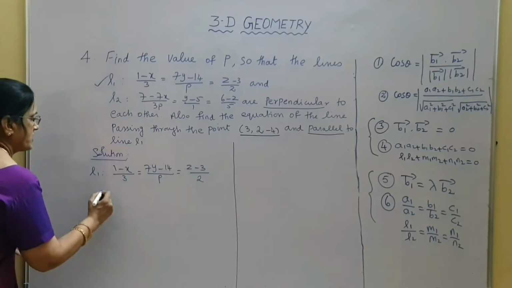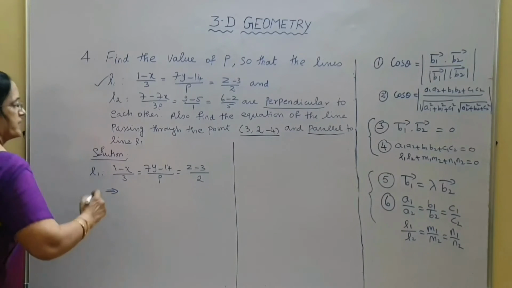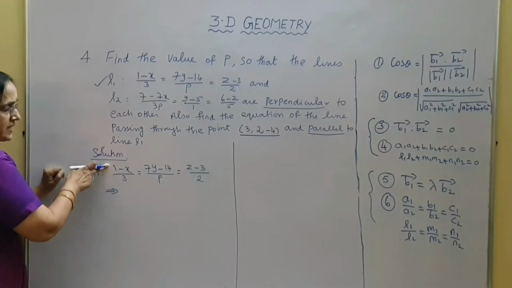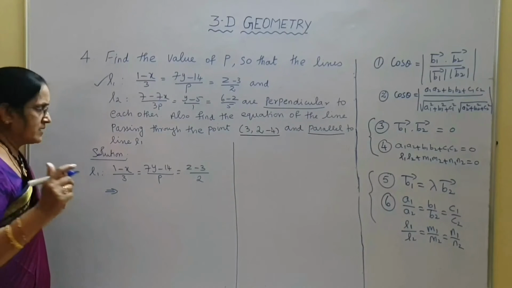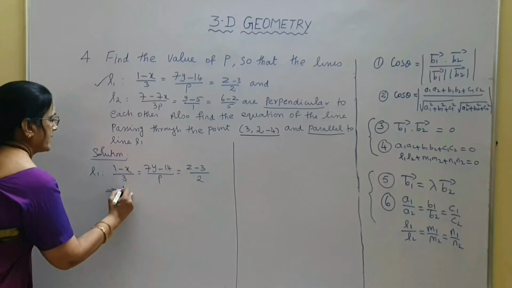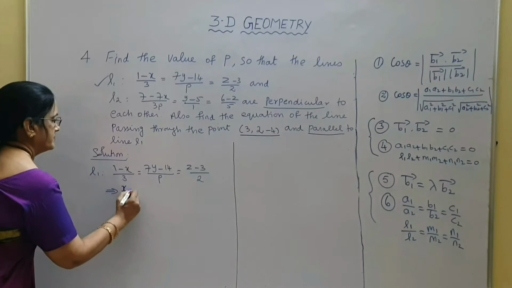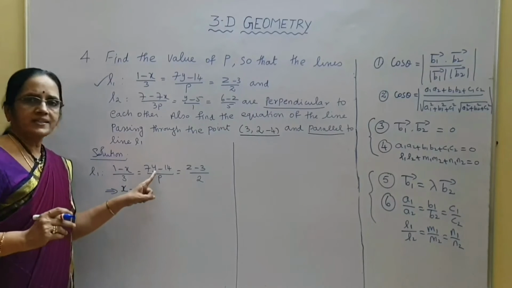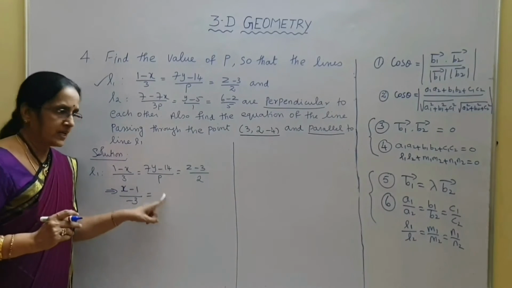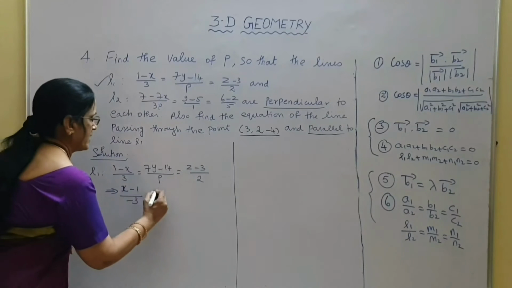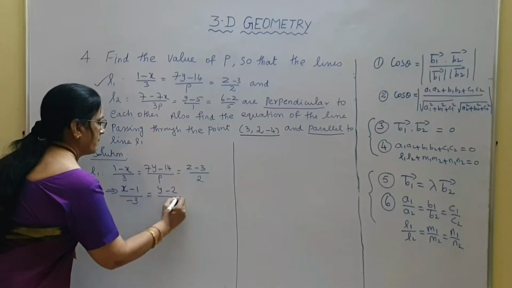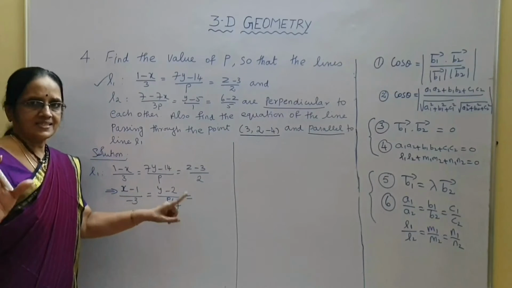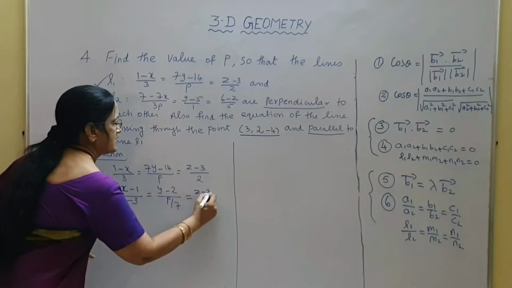Let us multiply my numerator and the denominator by −1. I will be getting (x − 1)/(−3) equal to. Here let me divide the numerator and the denominator by 7. I will be getting (y − 2)/(p/7) equal to. Here I can write it as it is, (z − 3)/2.